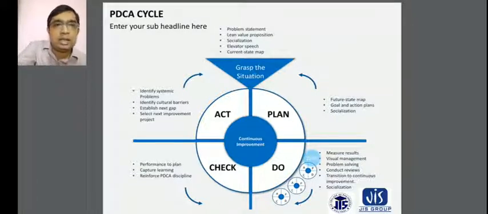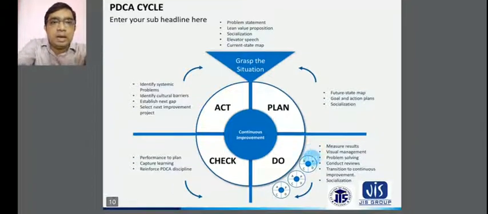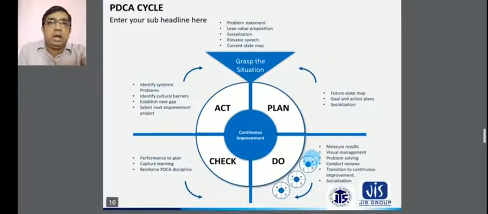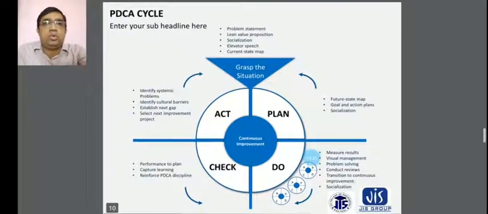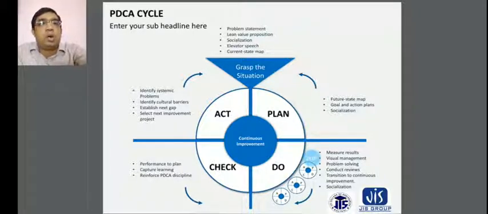Another thing here is the check phase, basically the performance to plan. This is concentrated on checking these materials according to the performance to plan. Suppose your performance is very good, then your plan will be a success, and if the performance is slightly poor, you have to concentrate on improving the quality of your products.